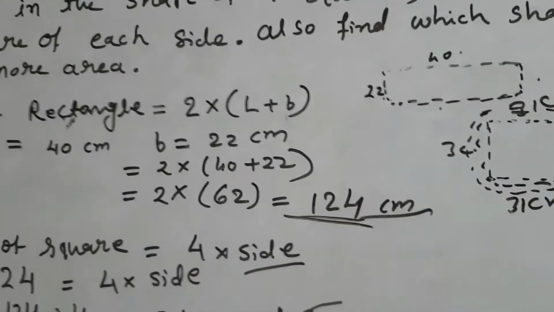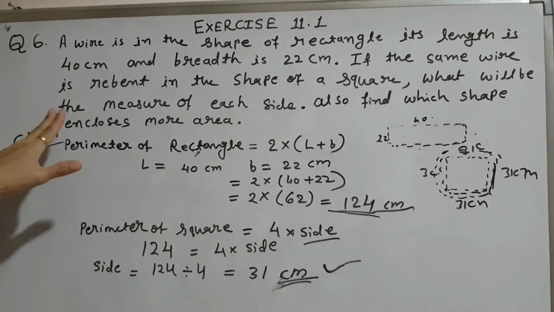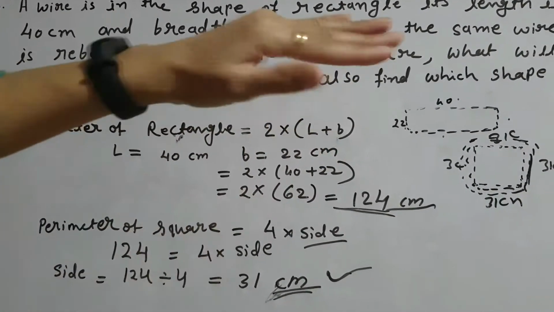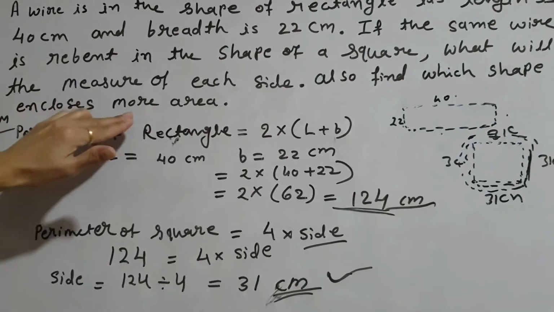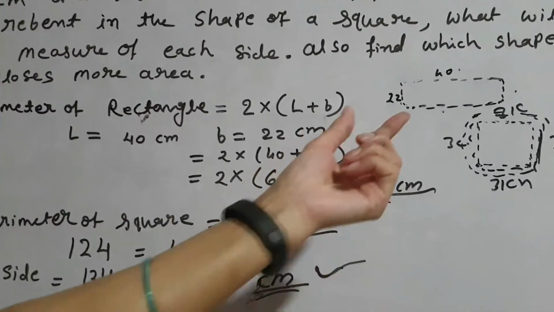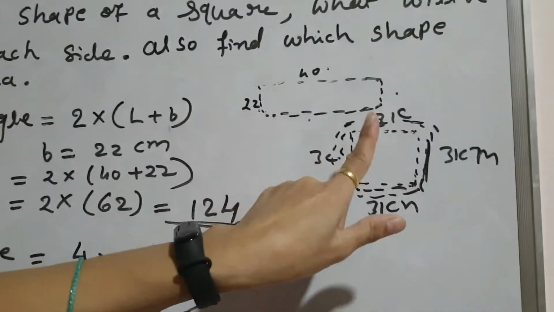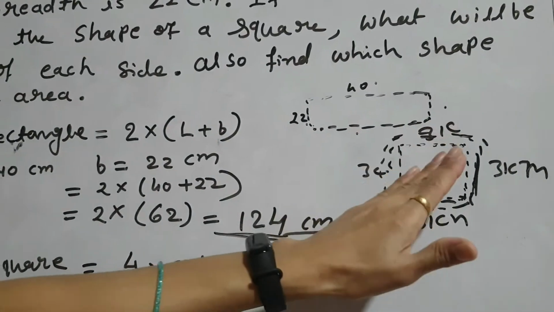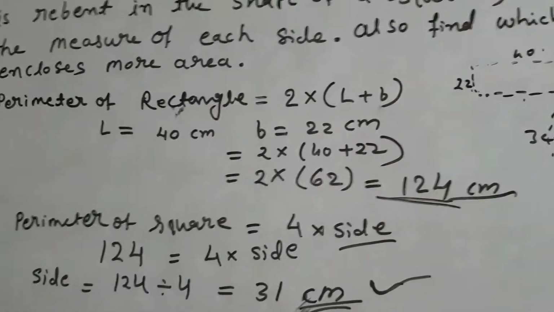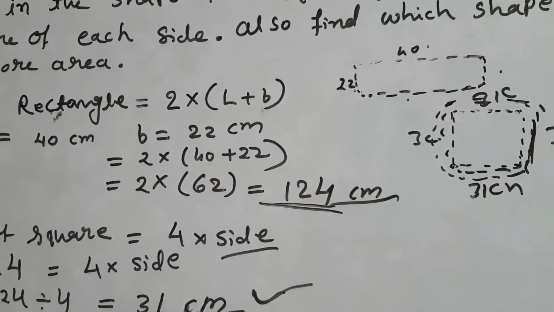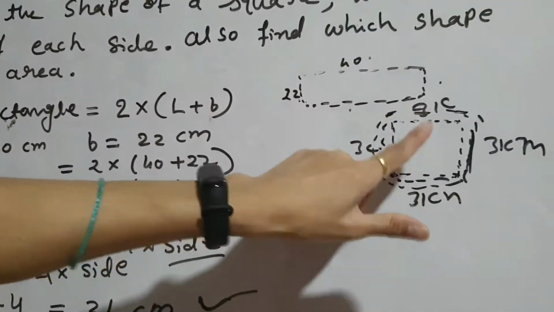Now they are also asking to find which shape encloses more area, meaning whether the rectangle or the square has bigger area. So we will find out both areas, rectangle and square.